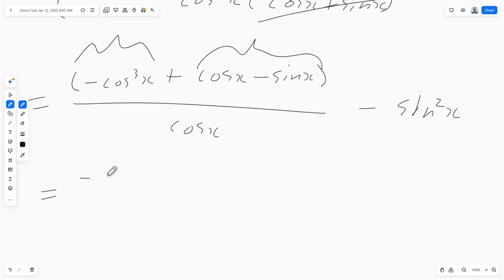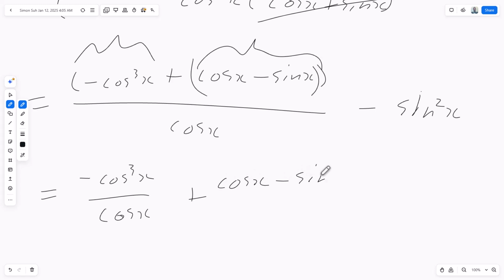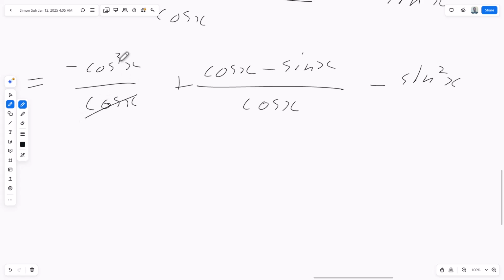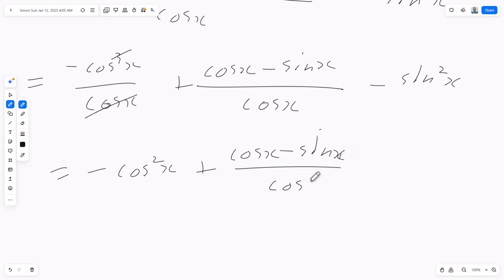This will be minus cosine cubed x over cosine x, plus cosine x minus sine x over cosine x, minus sine squared x. Then this cancels out and this becomes 2, so it becomes minus cosine squared x plus cosine x minus sine x over cosine x, minus sine squared x.